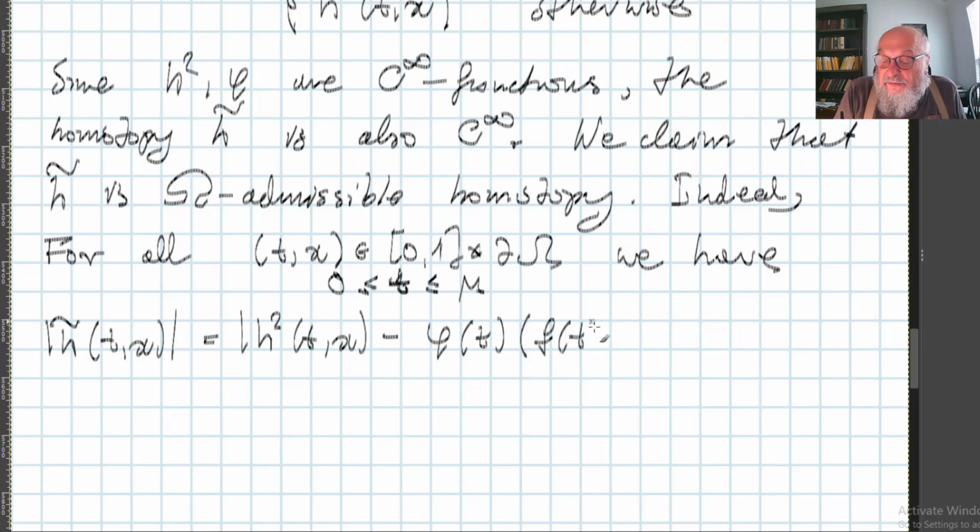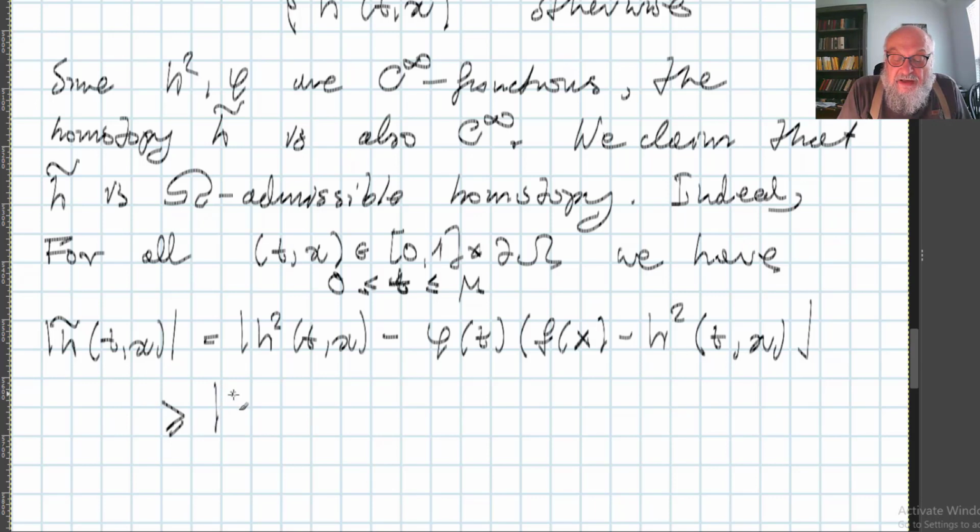So this will be equal to f of x minus h2 t of x. So now we can rewrite it with smaller or equal, so this will be h2 t of x.